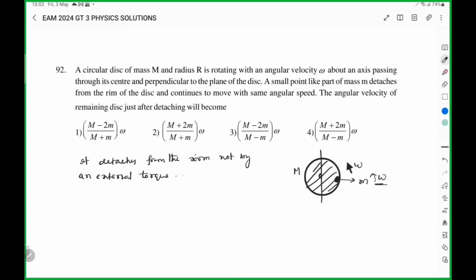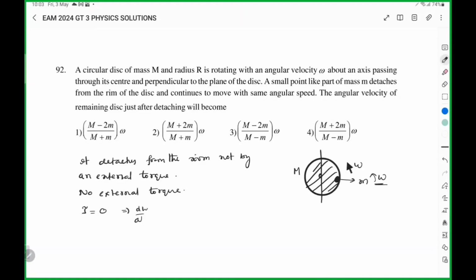In the internal process of rotation, it detached. That means no external torque. No external torque means torque is zero.